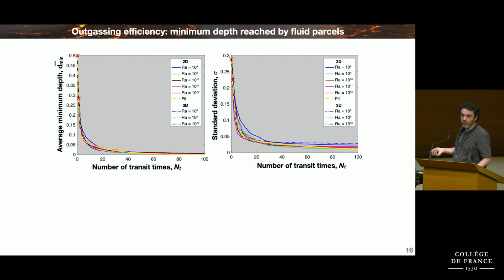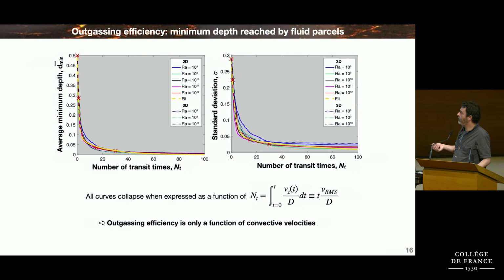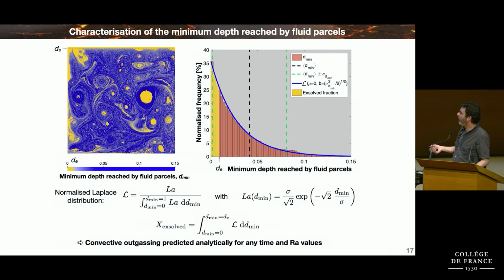And this is a very important result because it shows, here at least, that outgassing efficiency is essentially a function of the magnitude of the convective velocity, because this transit time is also directly proportional to the magnitude of the convective velocity here. So that's an important result. I'm not going too much into the detail, but we were able to characterize this distribution even better using the two quantities that I showed before.